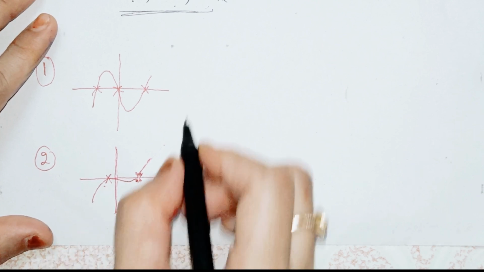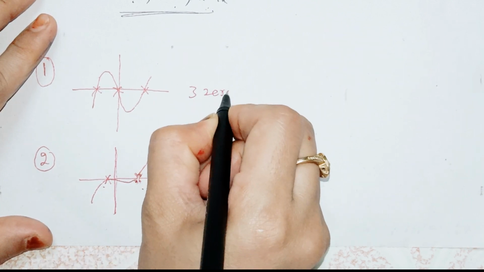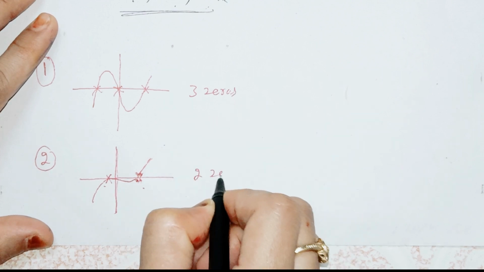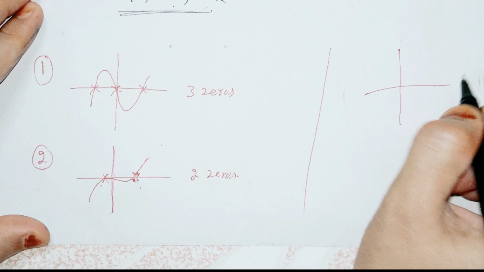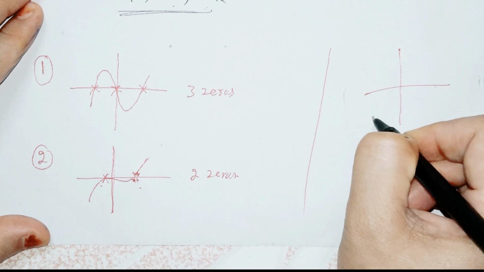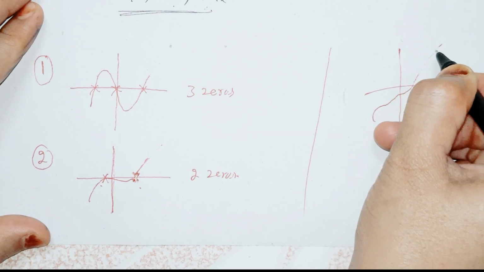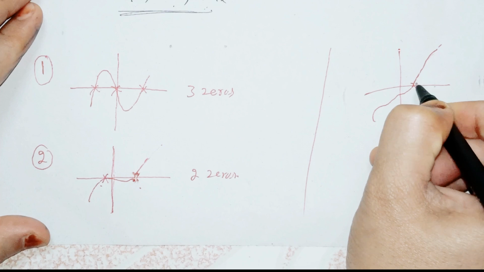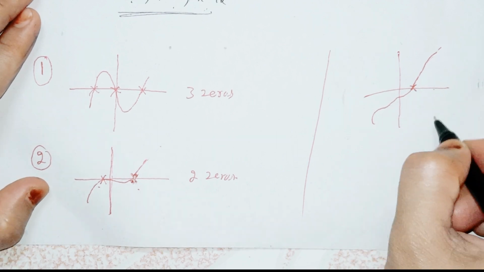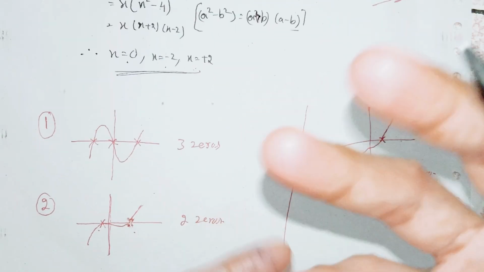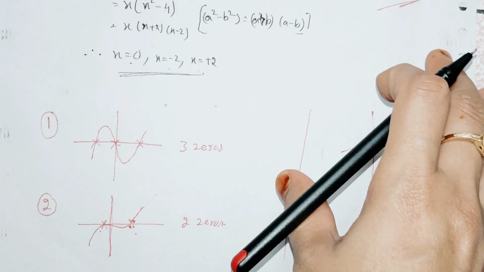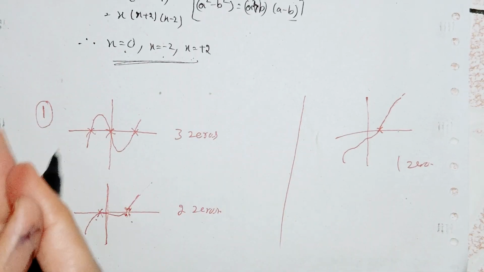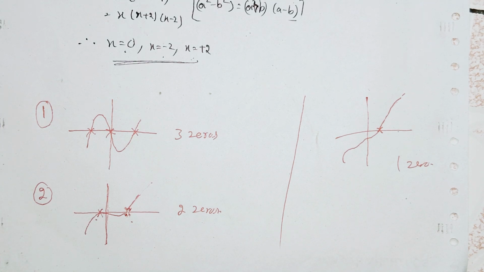Okay, these two, here 3 zeros, here 2 zeros. Sometimes you'll get 1 zero also, like here. Okay, this is 1 zero. Sometimes you'll get no zeros also for this cubic polynomial. Now it's clear, guys. We'll move to the example problems of this chapter.